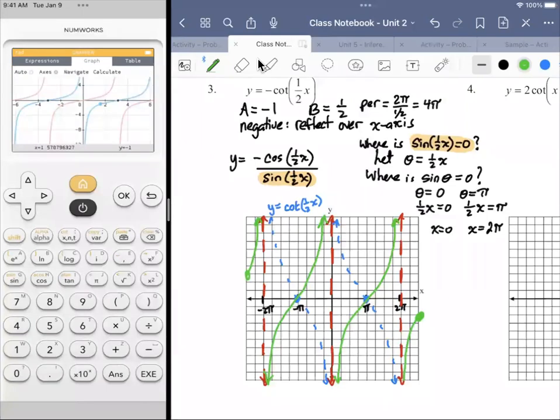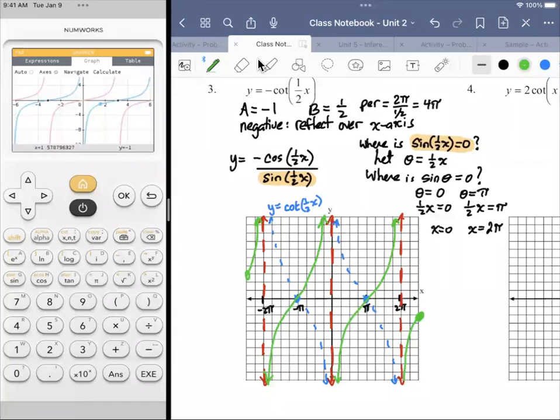All right, so you see that they have the same shape, just the tangent function is translated. So when you flip a cotangent function, it ends up being some kind of tangent function. There is an equivalent tangent function out there for every cotangent function.